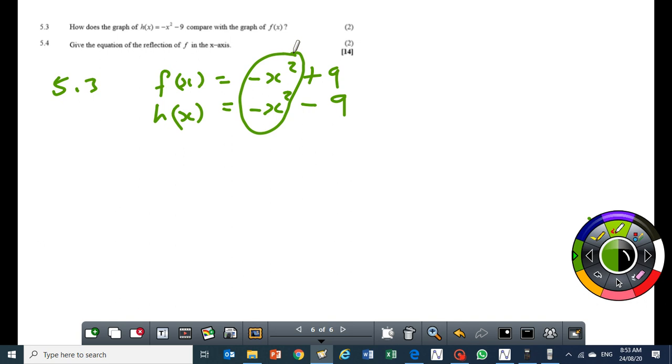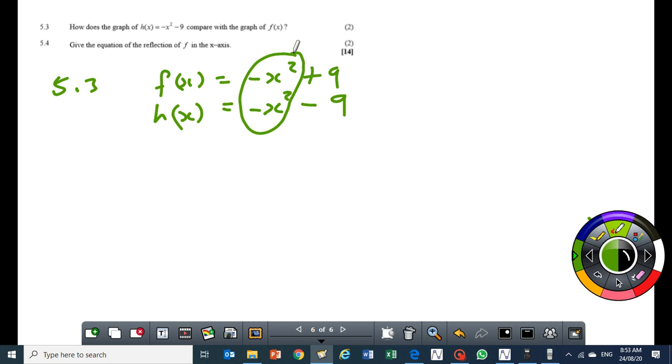The only difference is we have plus 9 in f of x and we have minus 9 in h of x. How many units are there between positive 9 and minus 9? It's 18.